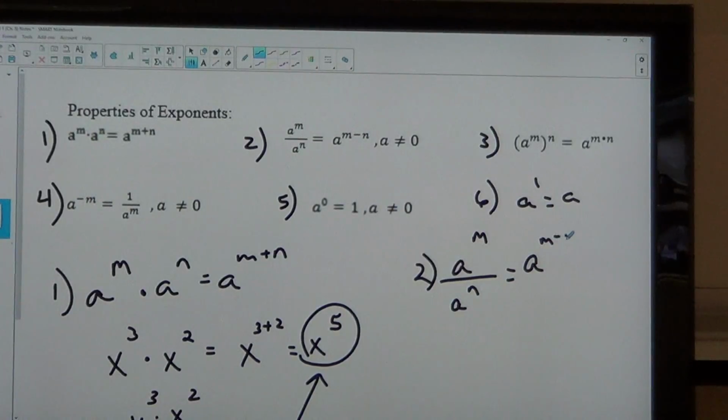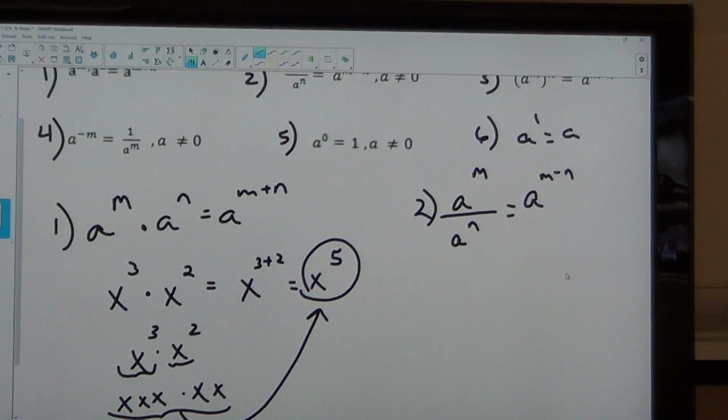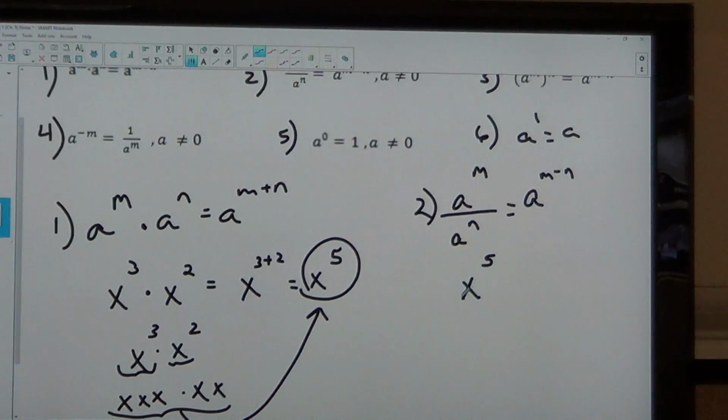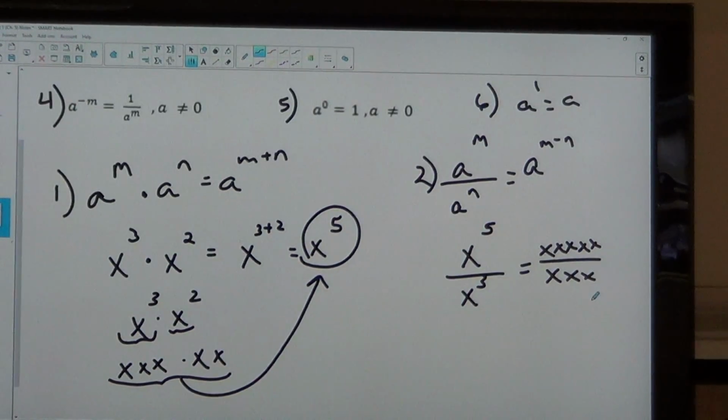Now, for rule number 2, the rule says a to the m over a to the n means a to the m minus n. So if you're dividing, it tells you to subtract the exponents. So if I have x to the 5th over x to the 3rd, how many x's do I have upstairs? 5. How many x's do I have downstairs? 3. Now, let me remind you of something that we talked about, I think, on Monday. What is 7 over 7? 1.